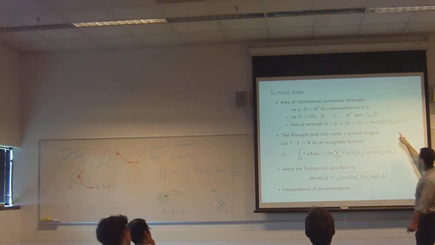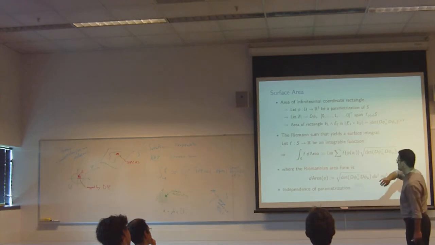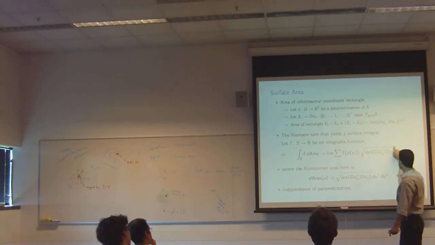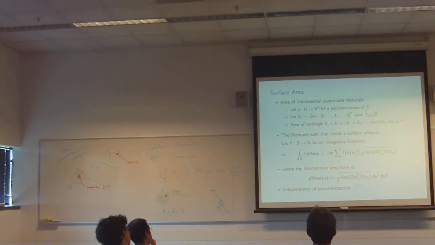Okay, if I put that together with the Riemann sum, I get this expression right here. So this Riemann sum is the correct, properly compensated integral. The Riemann sum is just going to converge to the integral.